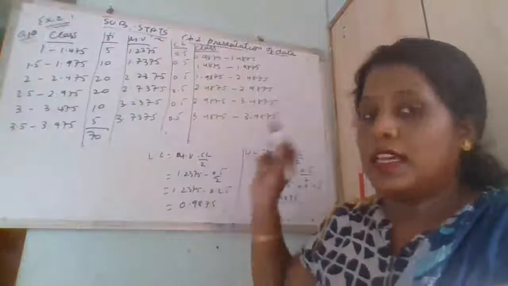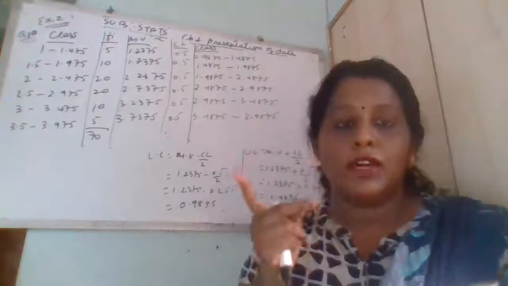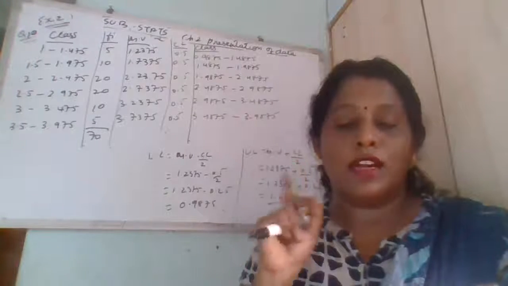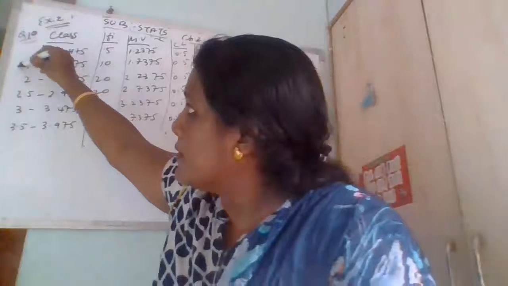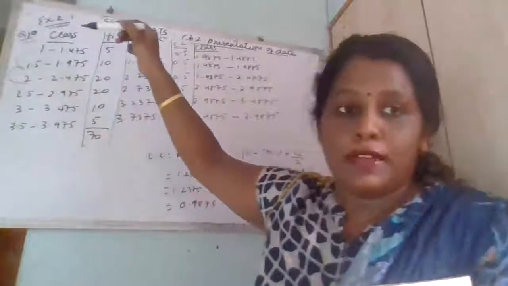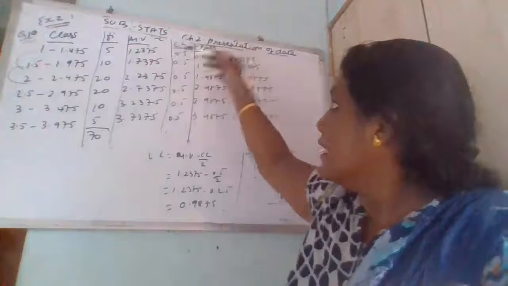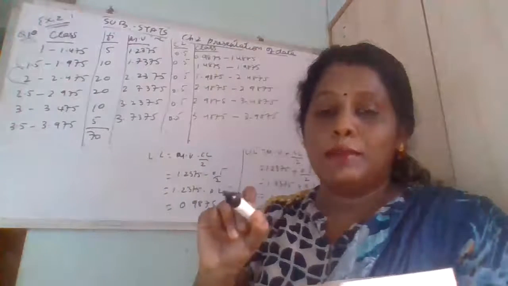So this is the way how you have to find your class, right? क्वेश्चन में क्लास दिया था, फ्रीक्वेंसी दी थी, तो हमने उसमें से मिड वैल्यू फाइंड आउट किया और क्लास लेंथ फाइंड किया। क्लास लेंथ कैसे फाइंड किया, देखो ऐसे डिफरेंस, ये दोनों का डिफरेंस 0.5, राइट। फिर हमने फाइंड किया मिड वैल्यू। How are you finding your mid value? Lower limit plus upper limit.